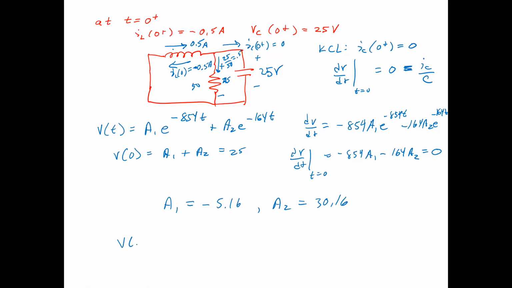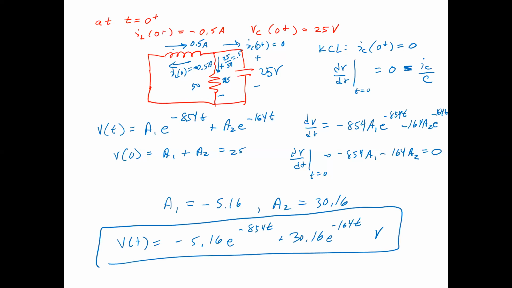So the total solution is v of t equals minus 5.16 e to the minus 854t plus 30.16 e to the minus 164t volts. And that is the end of the lecture, except I'm going to plot this in Wolfram Alpha real fast.